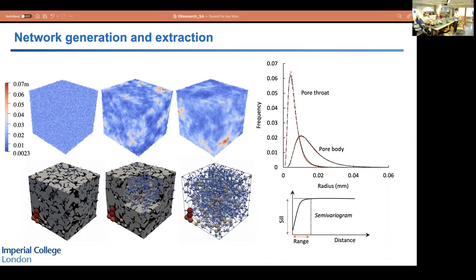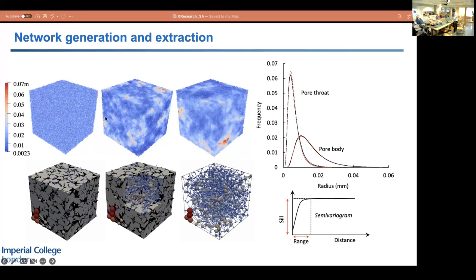For this one, we generated the correlated field and generated the topology, and then we map the topology to the pore radius field and allocate the pore size to the topology part. So finally, we can construct the correlated model, the heterogeneous one.